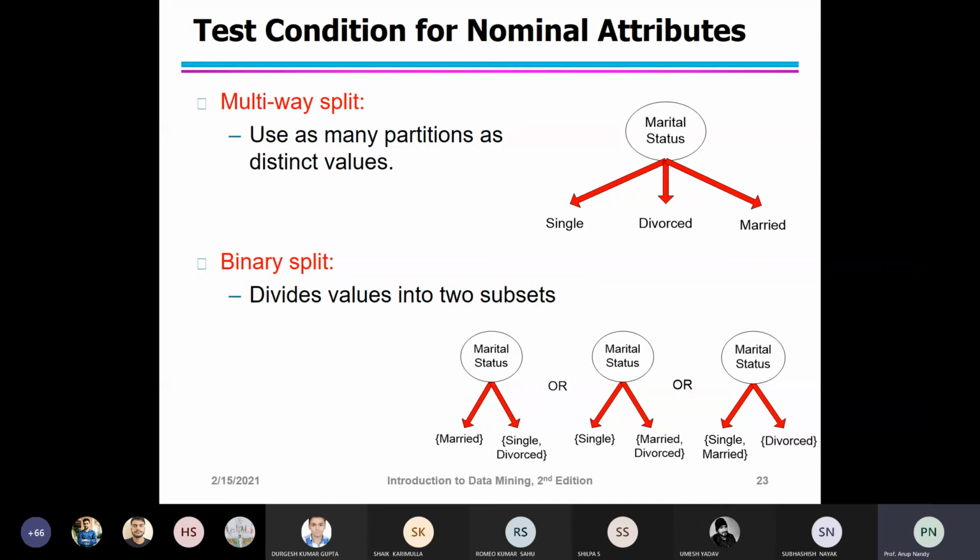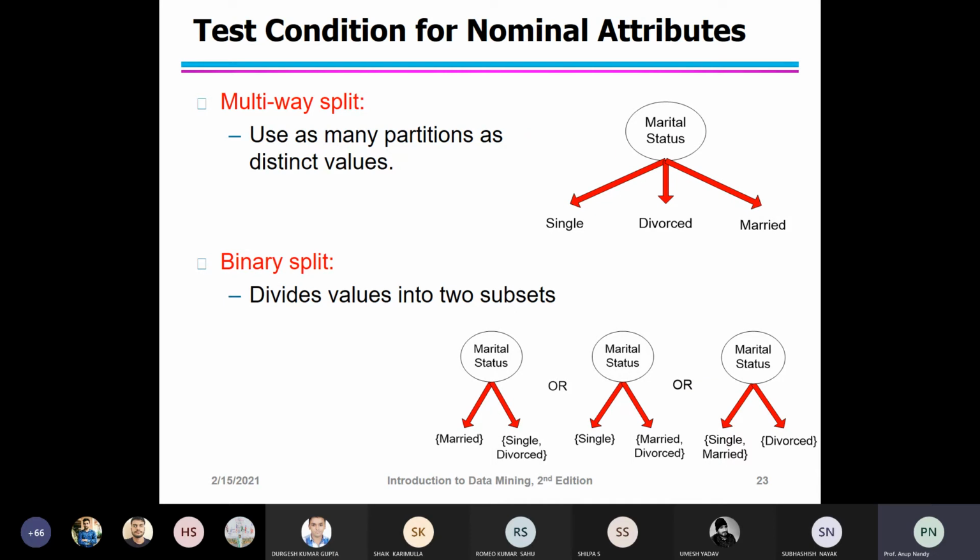For a multi-way split, the number of outcomes depends on the number of distinct values for the corresponding attribute.